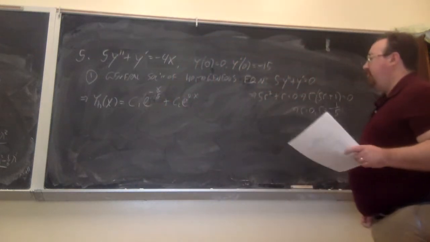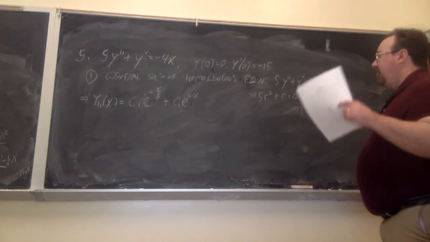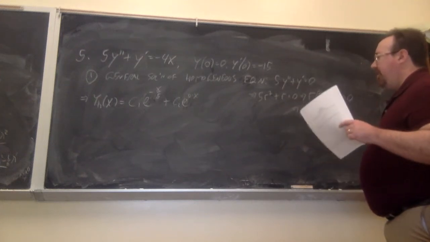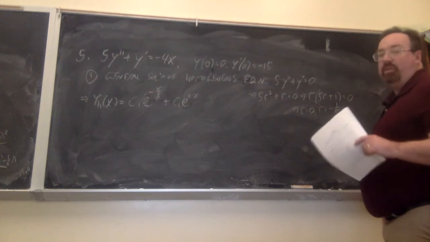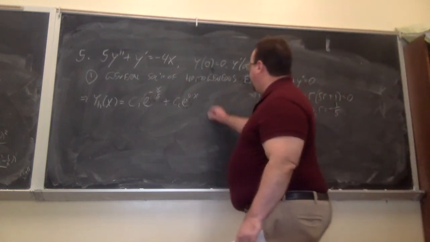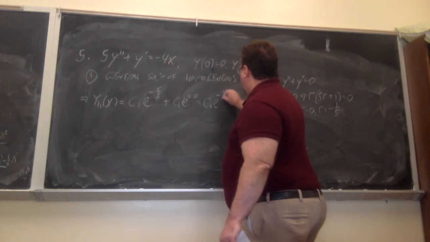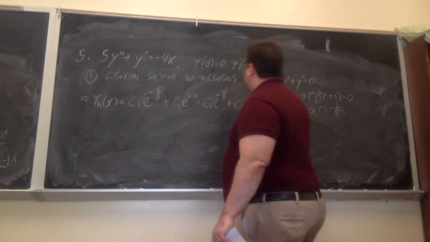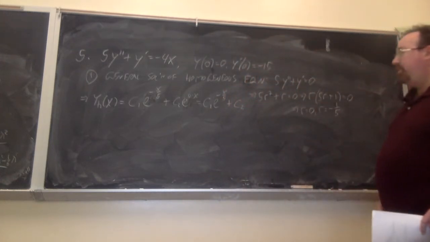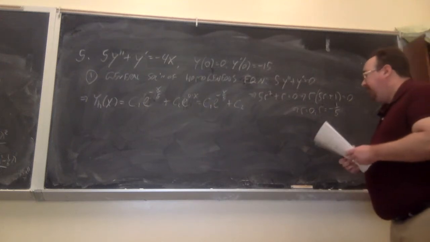So it's c1 and c2 times e to the root times x, because we have 2 distinct real roots. So let's simplify. You get c1 e to the minus x over 5 plus c2. So distinct real roots, exponentials.